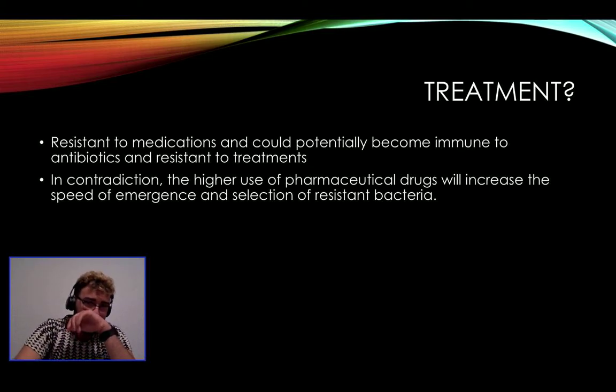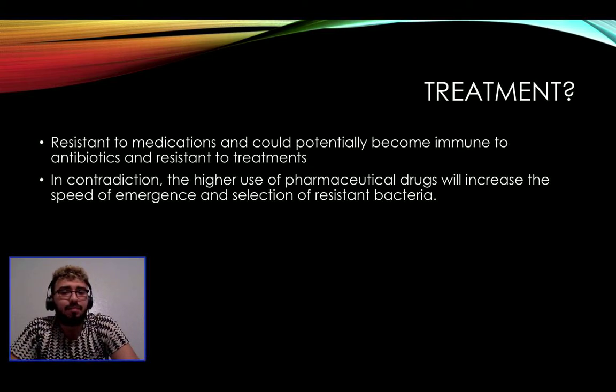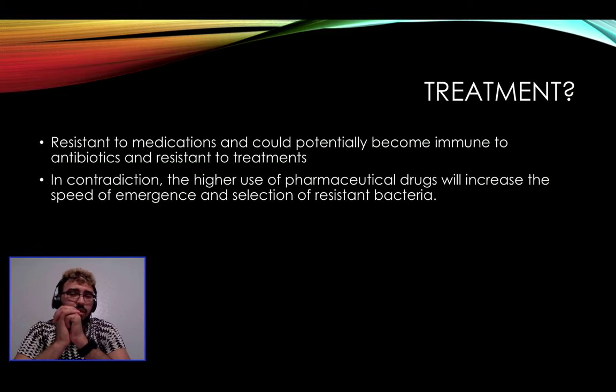I did some research, and I found that the more you use pharmaceutical drugs, it can actually speed the emergence and selection of the resistant bacteria. What that basically means is that the more you use pharmaceutical drugs, the more the bacteria could adapt. It's really interesting.